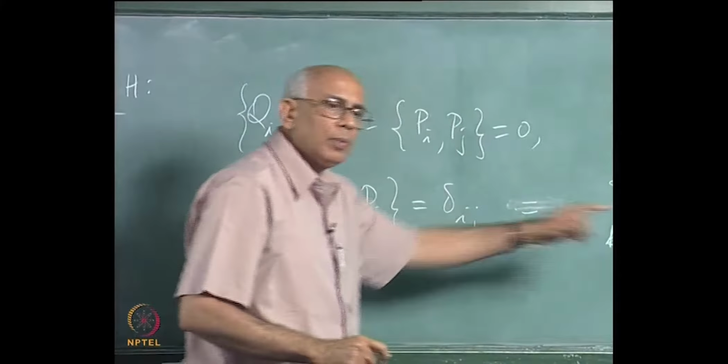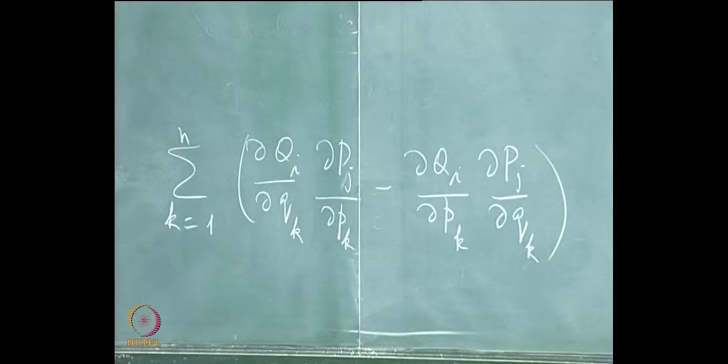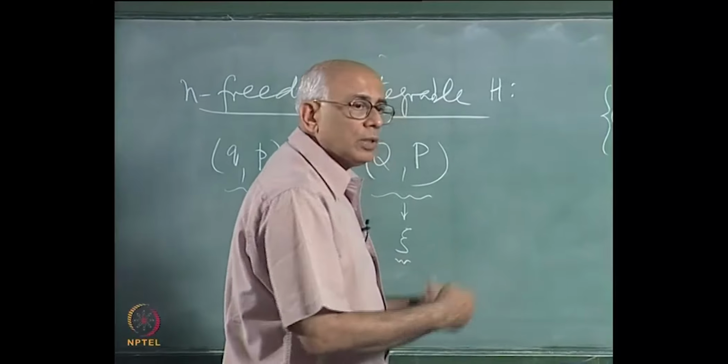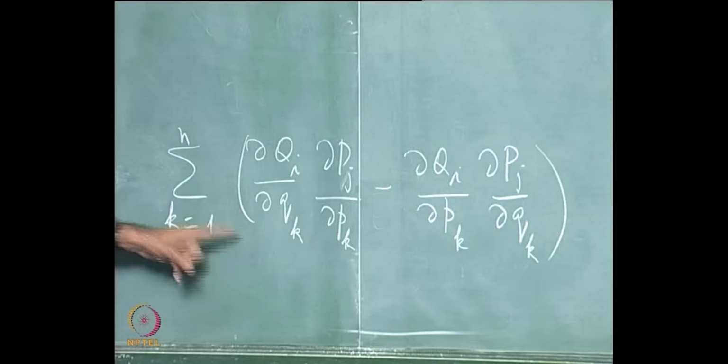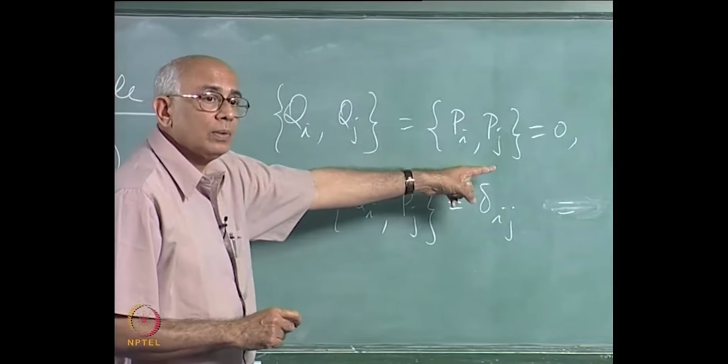That is the definition of the Poisson bracket in the original coordinates, and if the Poisson bracket structure is preserved, it means you have a relation of this kind for every value of i and j. Similarly, we could write these down as well.